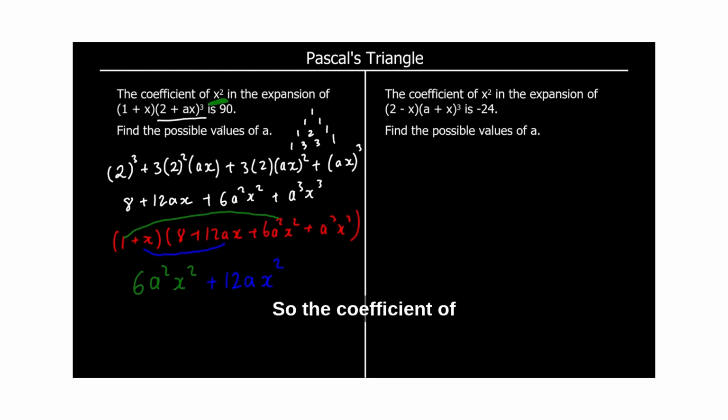So the coefficient of x squared is 90. So if I take the x squared out of this, my x squared term is going to be 6a squared plus 12a. That's my x squared term.